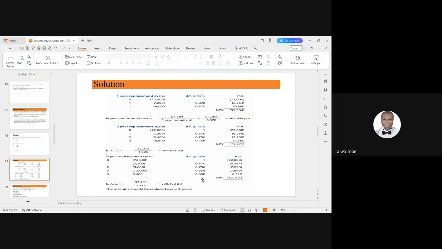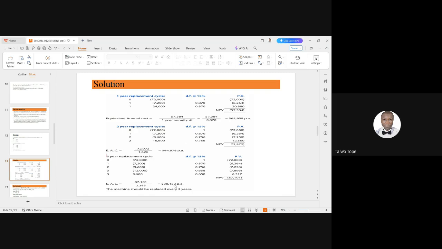You apply all these, and the annuity of the third year will result in 87,101 divided by 2.83.